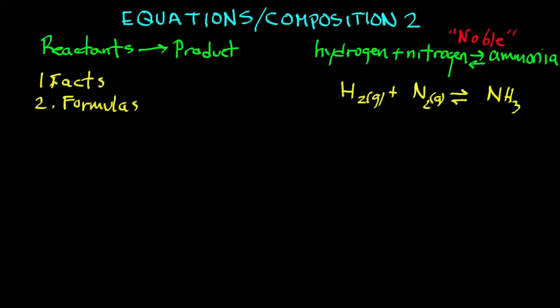Fritz Haber, in the early 1900s in Germany, in World War I, was faced with trying to help his beloved Germany produce explosives and fertilizers to feed people. So he knew that these two gases would make ammonia, but he didn't know how to do it until he figured it out.